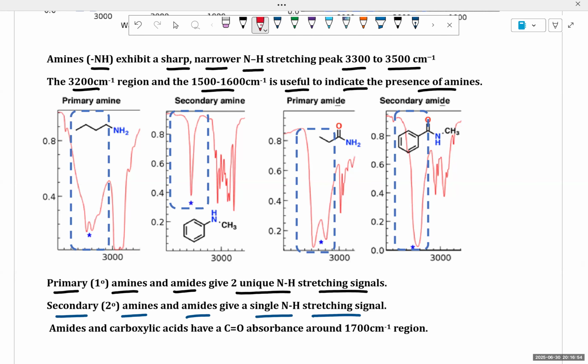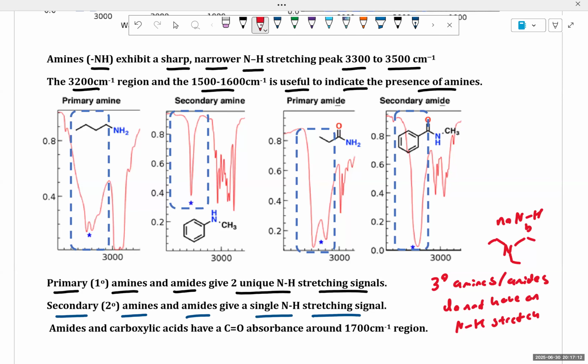Not to state the obvious, but tertiary amines and amides do not have an NH stretch. The reason for that is if you look at this tertiary amine, there is no NH bond.